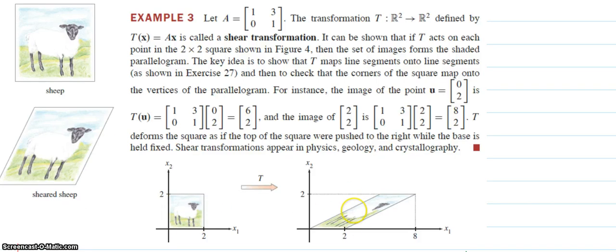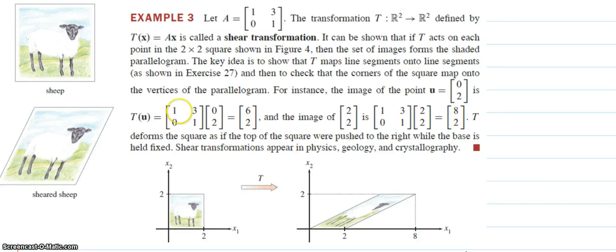The key idea is to show that T maps line segments onto line segments, and then check that the corners of the square map onto the vertices of the parallelogram. For instance, the image of 0, 2, so they did the same thing I did.